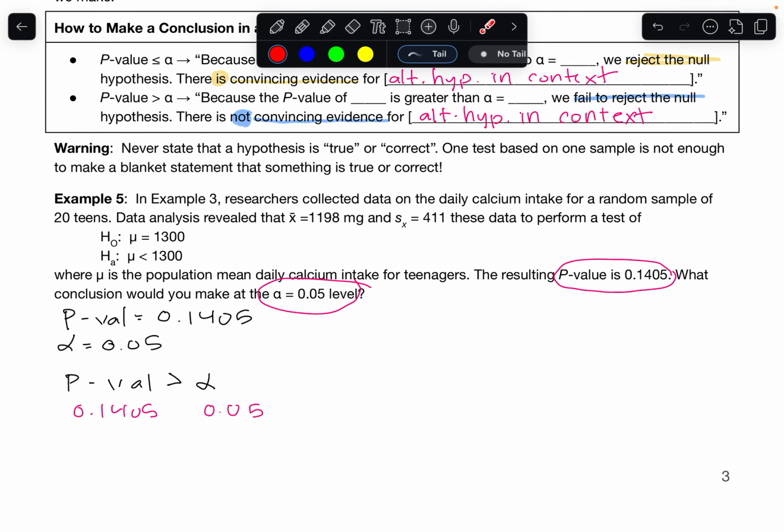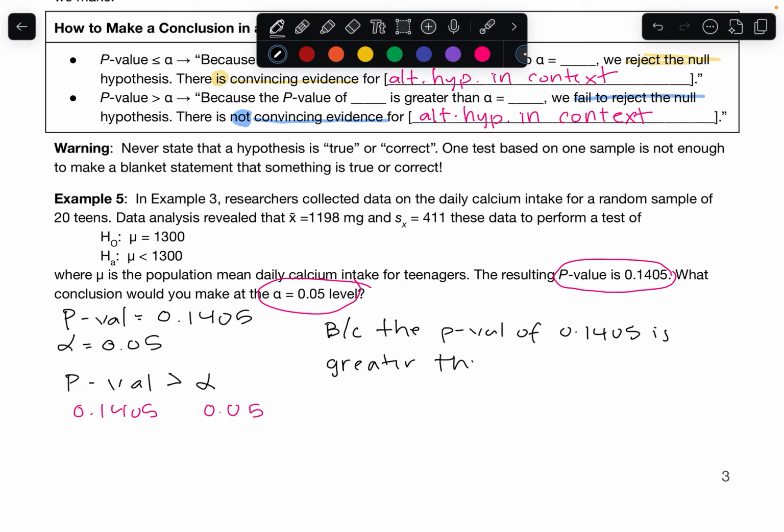I write my sentence. So, because the p-value of, and then I write my number, 0.1405, is greater than alpha equals 0.05, we fail to reject the null hypothesis.